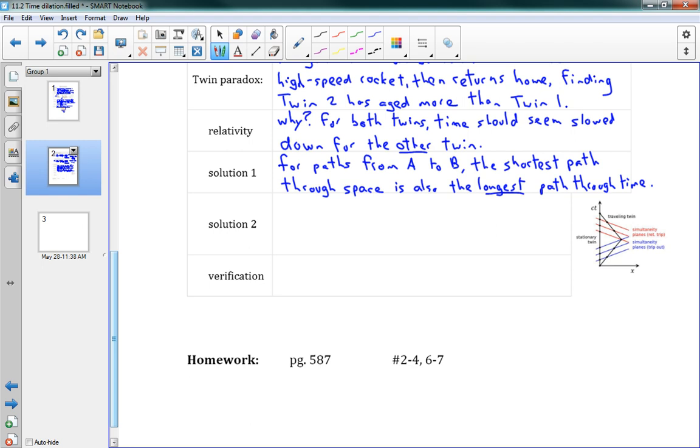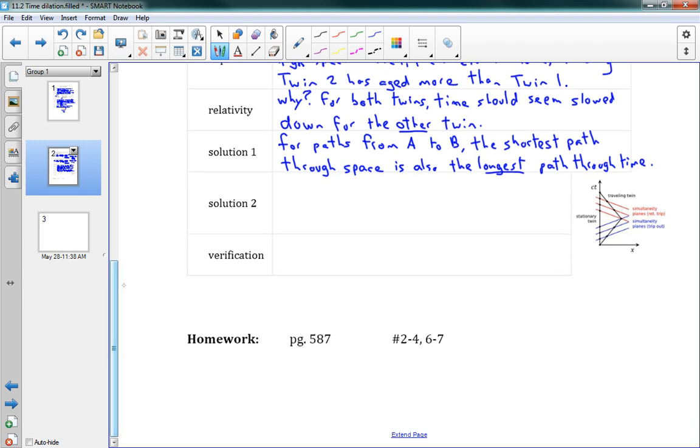And this is an important idea, that we are basically in an inertial frame that is not accelerating here on Earth. The person who jumps in their spaceship and drives away and comes back, well, they're taking a much longer path to go from point A to point B through space. So that means that they must be going less through time.